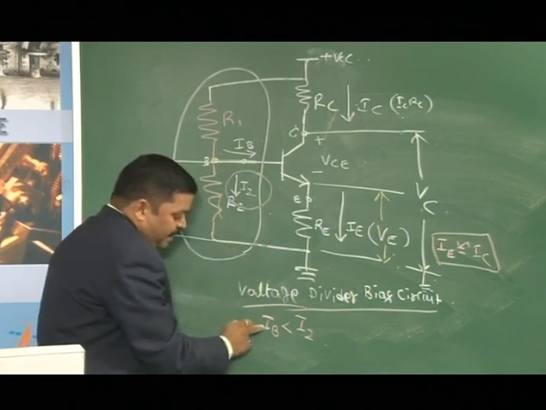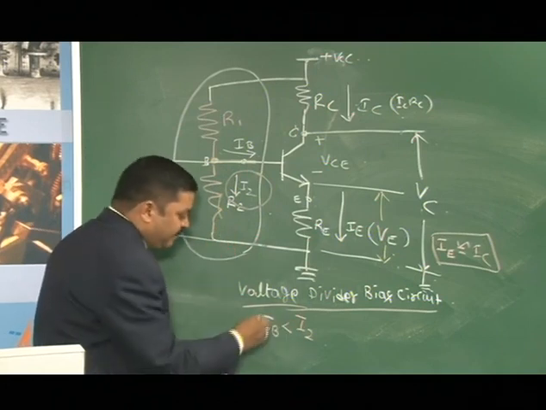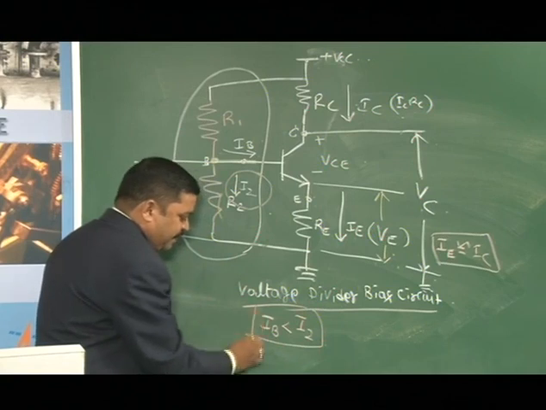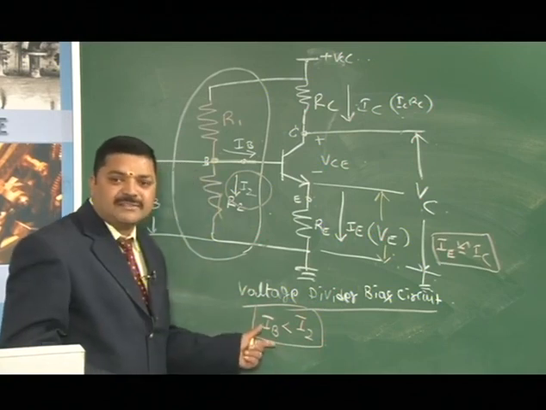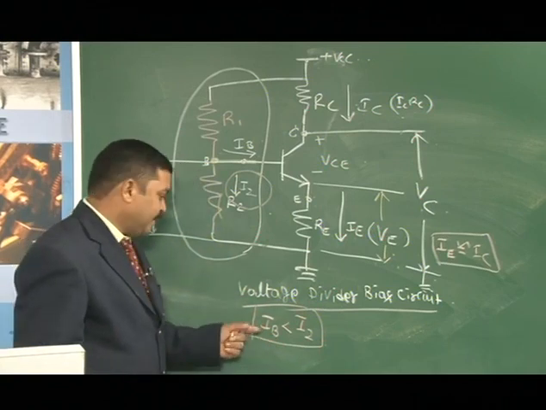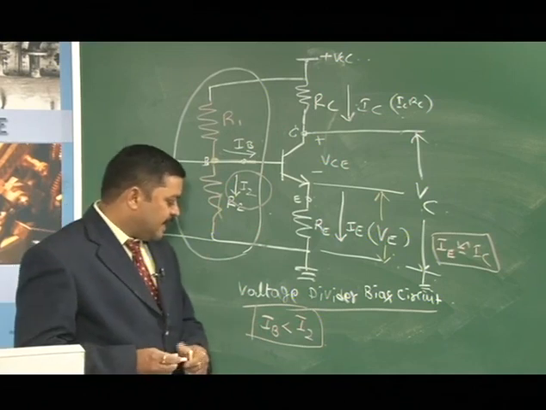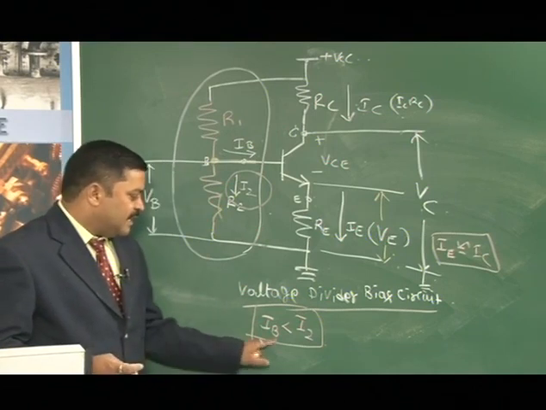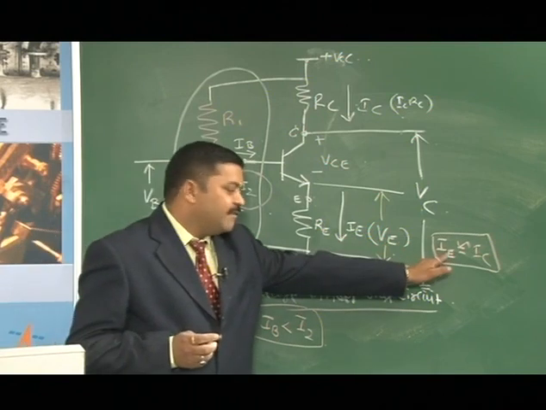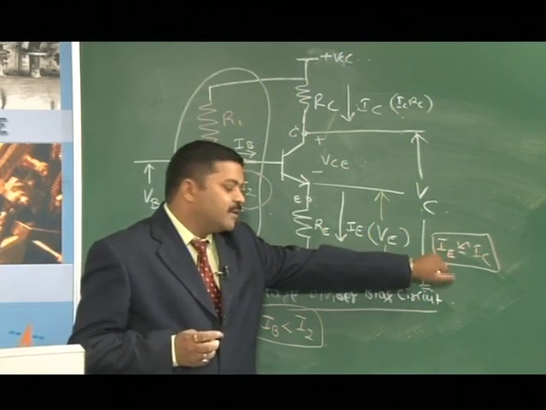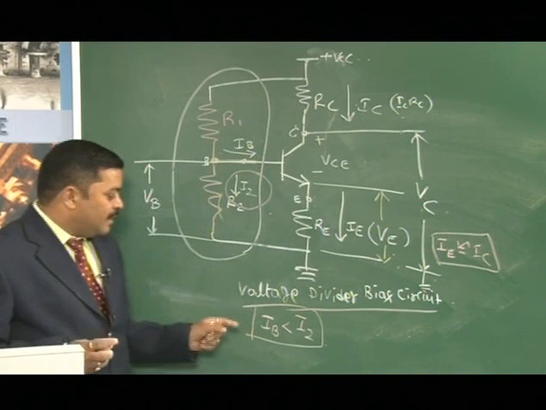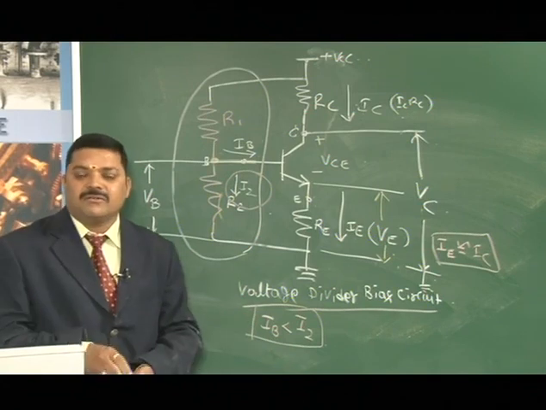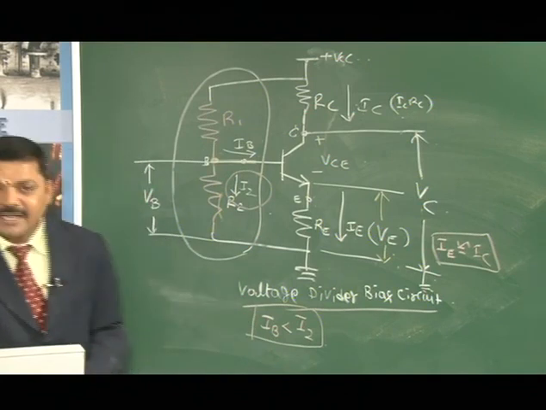When IB is less than I2, then we will be going for the approximate analysis, and that will be correct only, right. So IB less than I2, one condition. The other condition is we will approximate IC is equal to IE or vice versa. Only in such a case we can go for the approximate analysis.